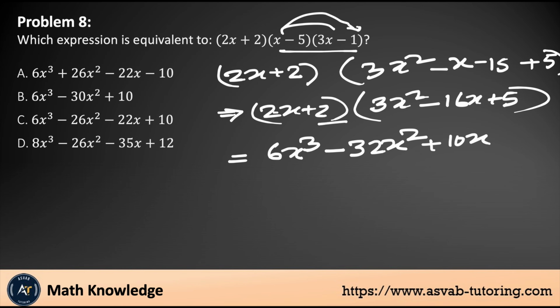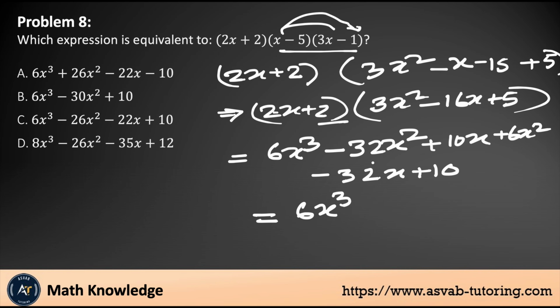Same way with the 2, multiply with every single term in the second factor, so that gives you 2 times 3, which is 6x squared, minus 16 times 2 is 32x, plus 5 times 2 is 10. So if you simplify, combine the like terms, that gives you 6x cubed minus 26x squared minus 22x plus 10. So that is the final answer.